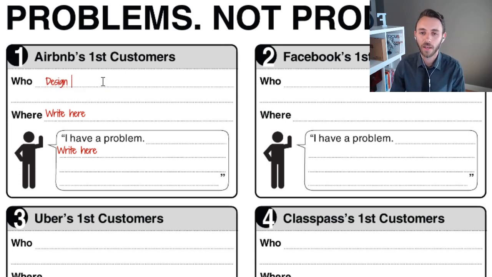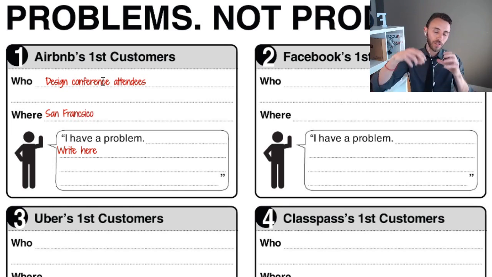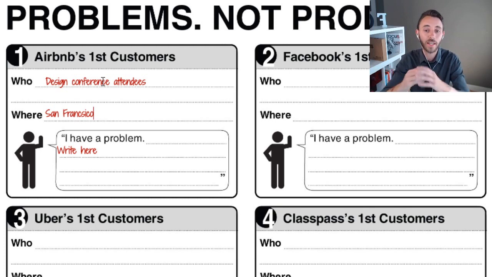Design conference attendees. And then we're going to ask them, well, where were they trying to solve these problems? Where were they experiencing these problems? Where were they finding these people? And then you want your students to focus on the specific location. So San Francisco. What they'll realize in going through the origins of these big companies is they all started in very, very specific regions. They didn't try and boil the ocean and try and solve problems for the entire world at once.